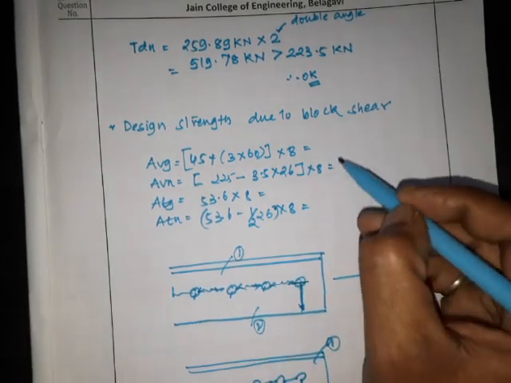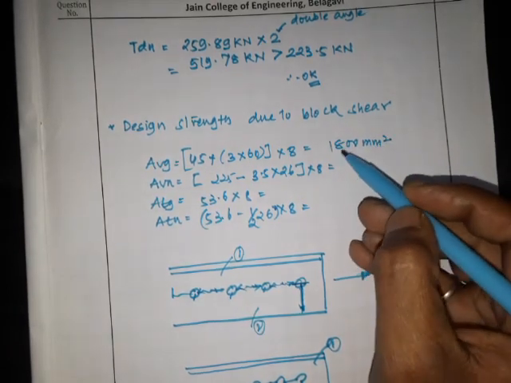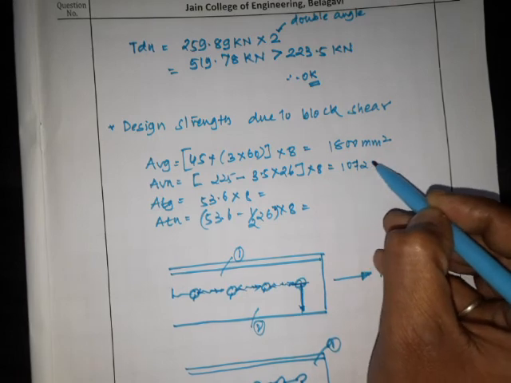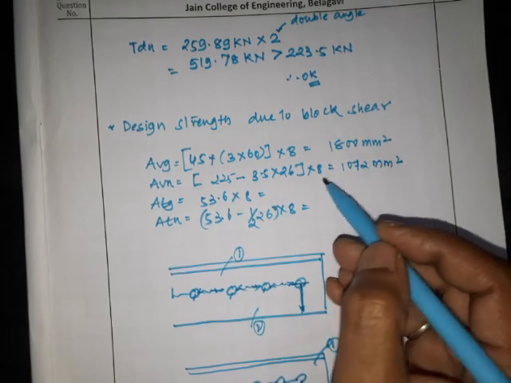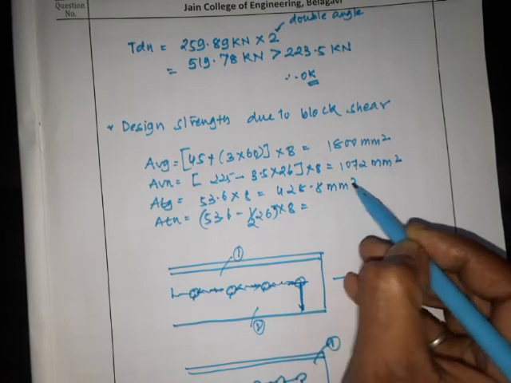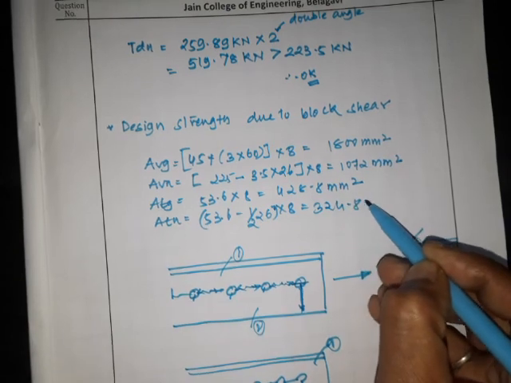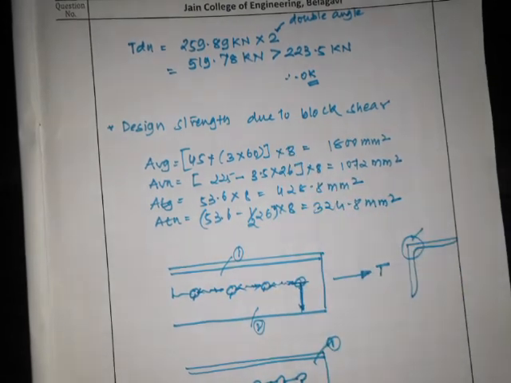So we get this, 18000. You have to note down. Then 324.8 mm square. These are the required data you have to note down.